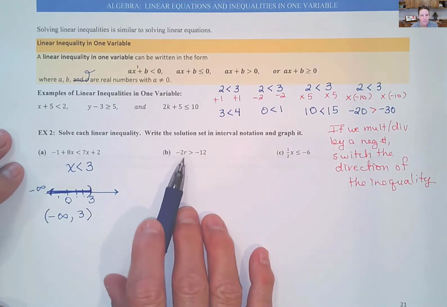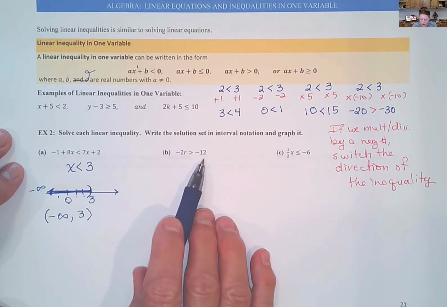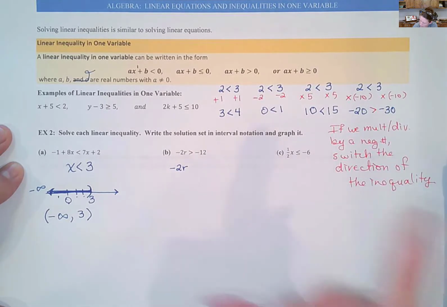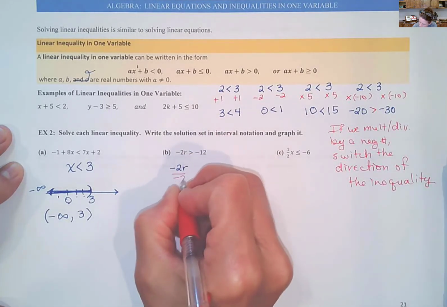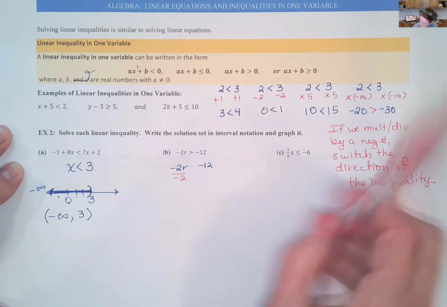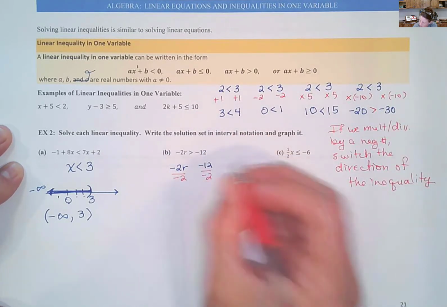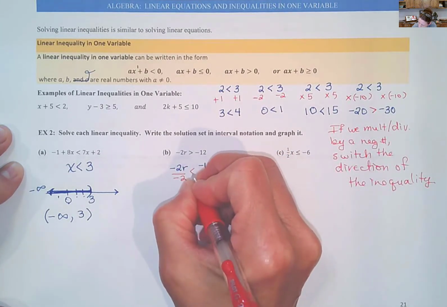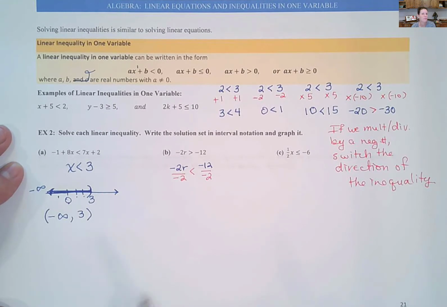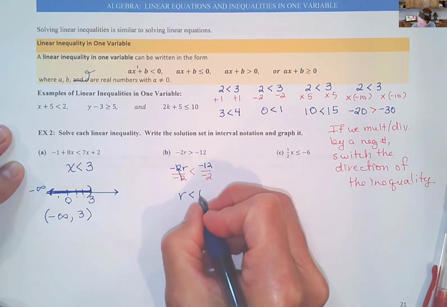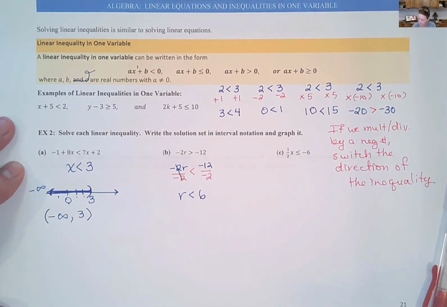In part B, negative 2r is greater than negative 12. Here we're going to divide each side by negative 2, left and right side. Okay, so when we multiply or divide by a negative number, we must switch the direction of our inequality symbol to maintain a true statement. r is less than 6 is our solution.